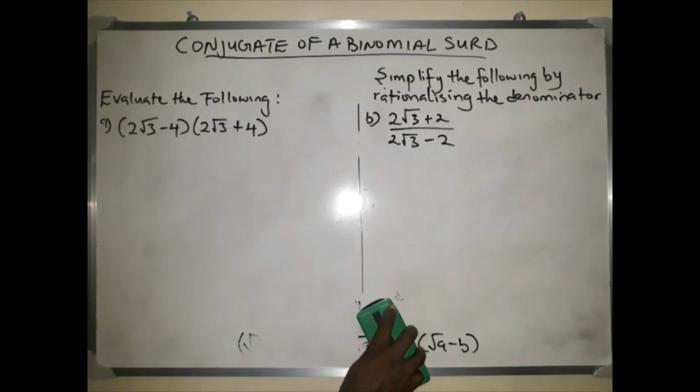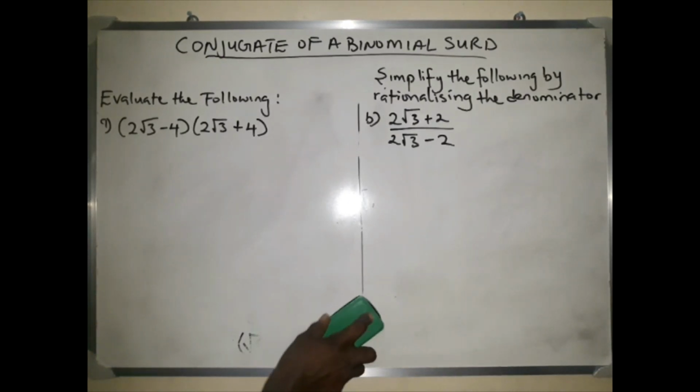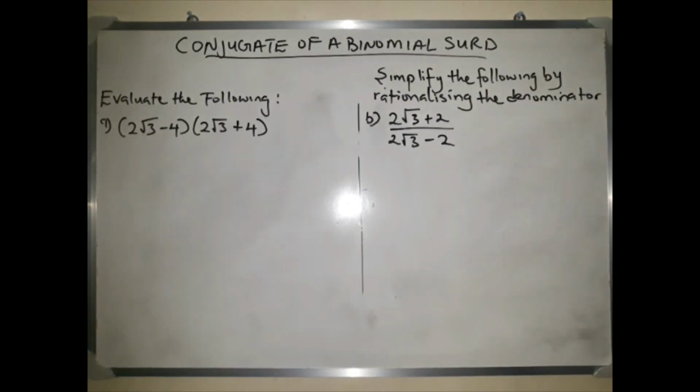So let's look at an example on the board that will give us more clarity and understanding. Evaluate the following. A says 2 root 3 minus 4 in brackets, and we also have 2 root 3 plus 4 in brackets. So we're supposed to multiply these two expressions together.